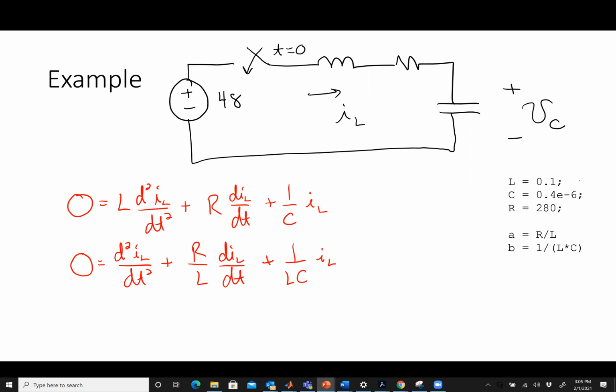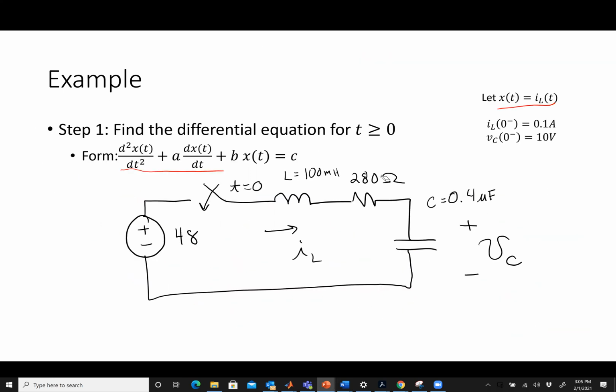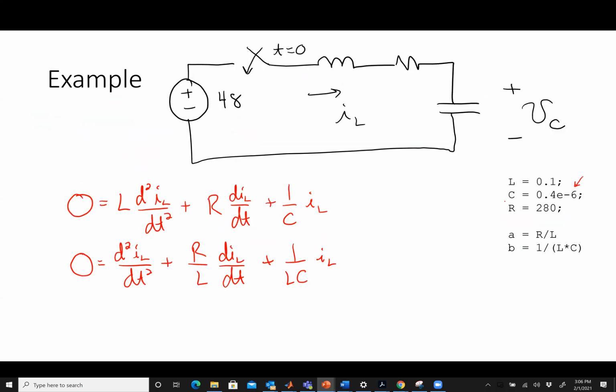This e minus 6 is the same way you would do that in a TI calculator. I think a TI calculator uses capital E, it's little e here, but it's the same scientific notation. And then R is 280. So here's where I had the values: 100 millihenries, 280 ohms, and 0.4 microfarads.